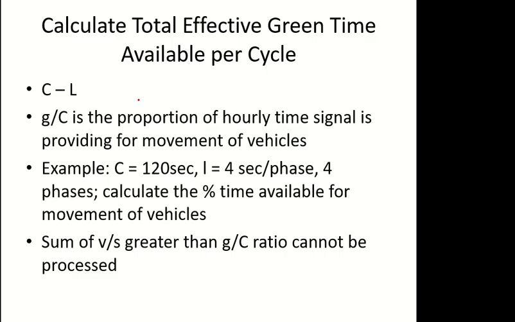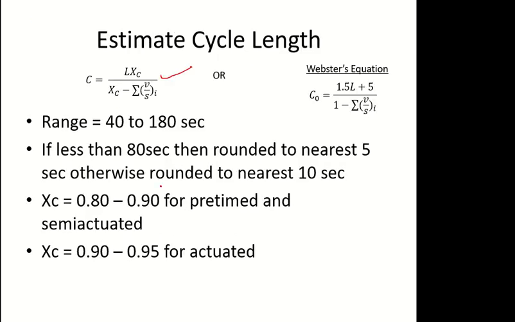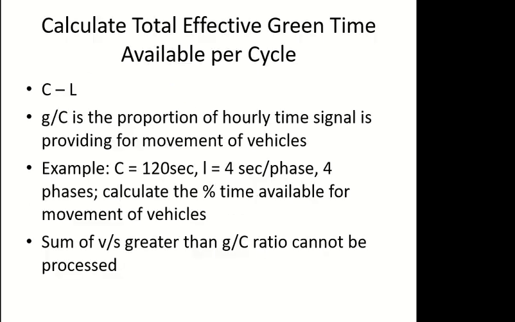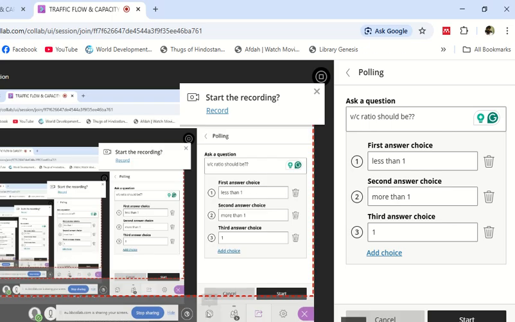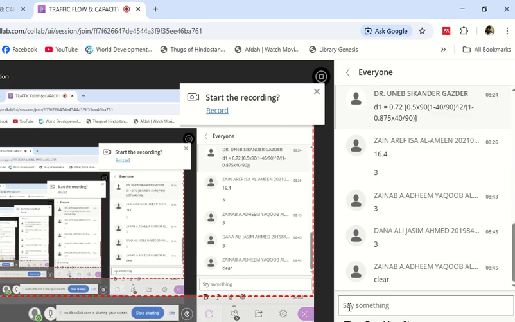For example, if my cycle length is 120 seconds, so one of these equations gave me 120 seconds. My lost time for one phase is 4 seconds and I have 4 phases. So what will I do to calculate effective green time?